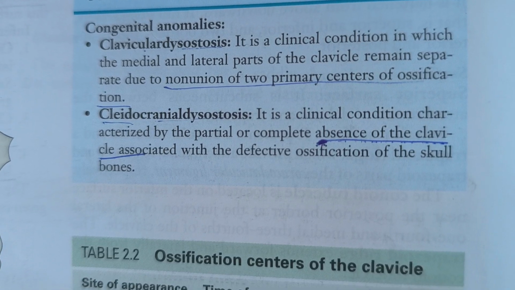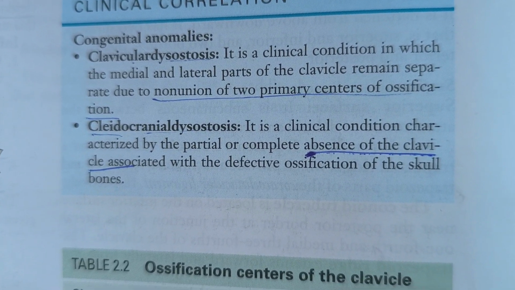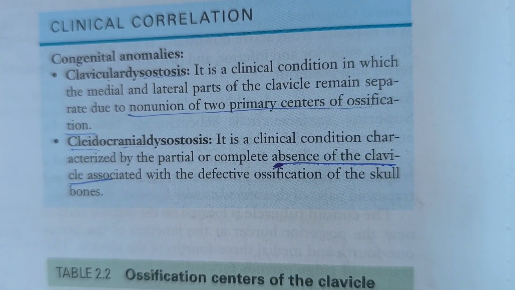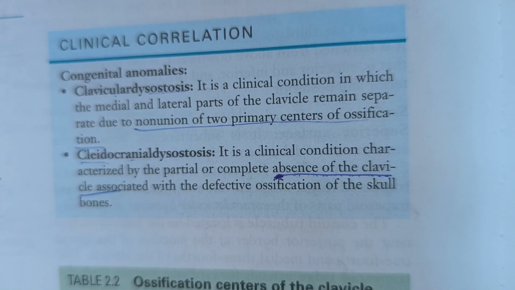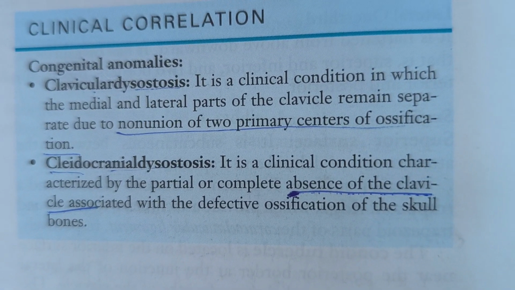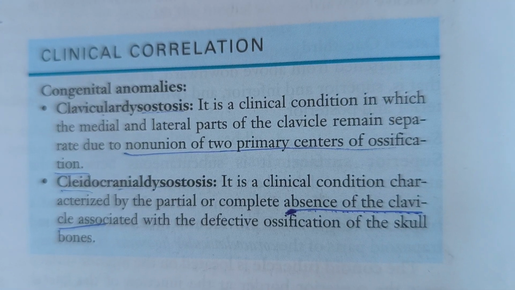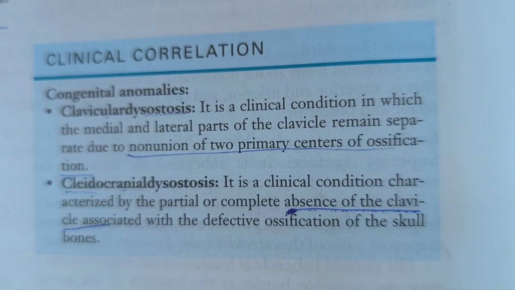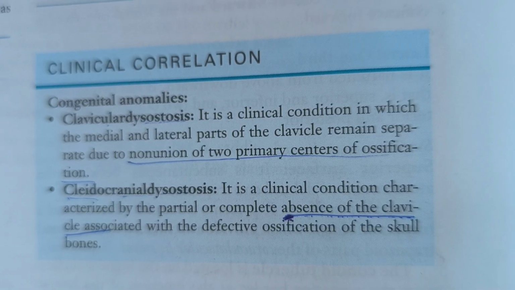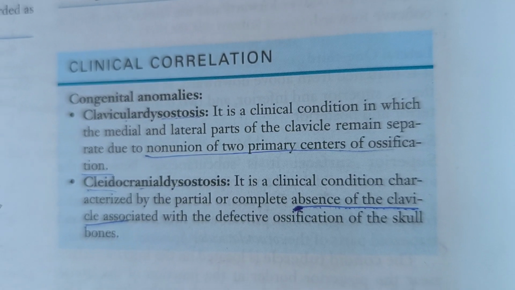And second is cleidocranial dystosis. It is a clinical condition characterized by partial or complete absence of clavicle in association with the defective ossification of the skull bone. So that's all. Thank you.